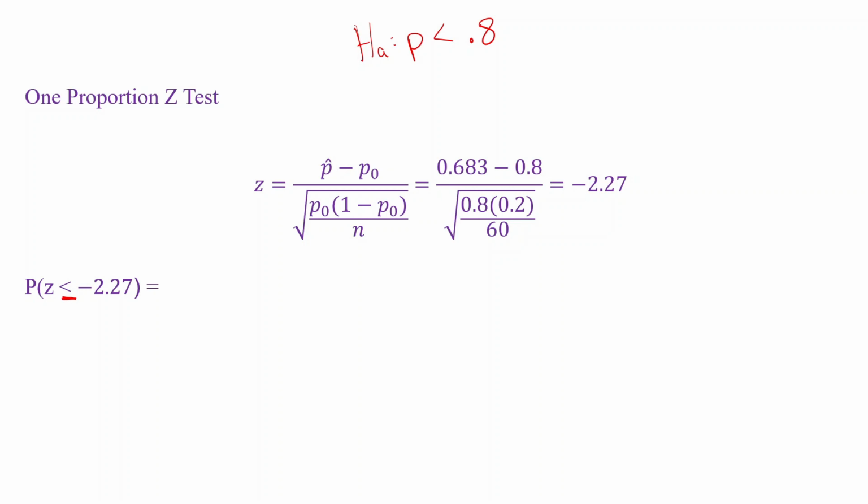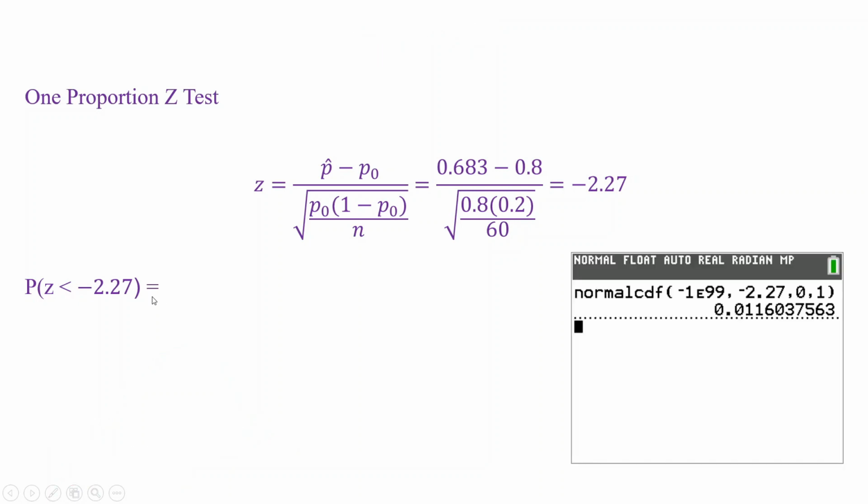Now, you are definitely welcome to draw this curve if you would like. It's a standard normal curve, negative 2, it's probably a little farther out than that, but we're finding this area right here. This is our p-value. You do not have to draw the curve though. It is not required on the AP exam. It is just a visual if you are a visual kind of person and want to draw that in there. That is the p-value we are trying to find.